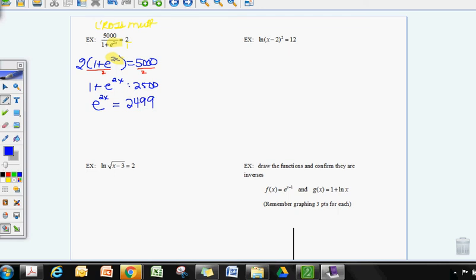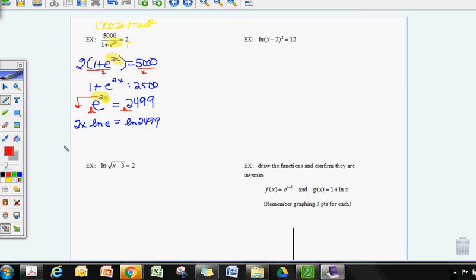Okay, now that that variable is isolated with that e, I'm going to introduce a natural log on each side, because as soon as that natural log is introduced on both sides, that brings my exponent down. So now I really have 2x natural log of e equals the natural log of 2499.